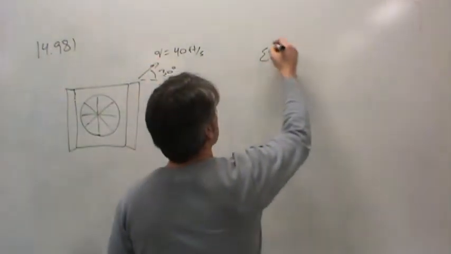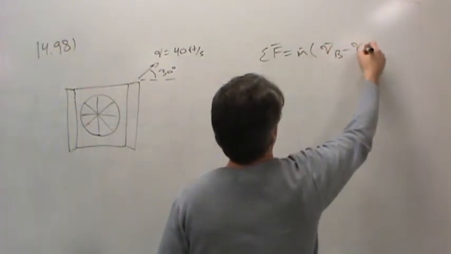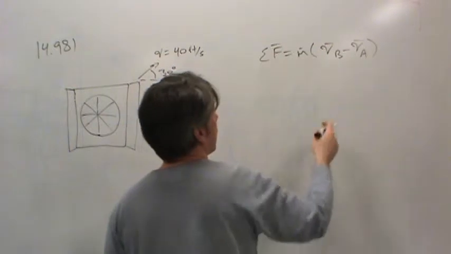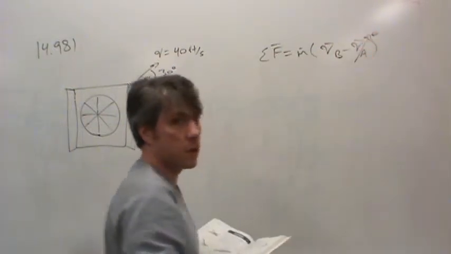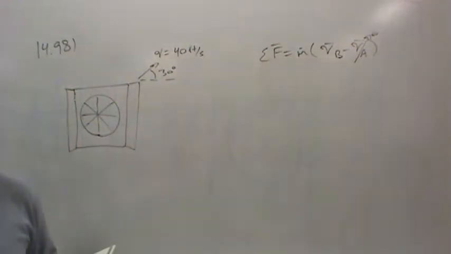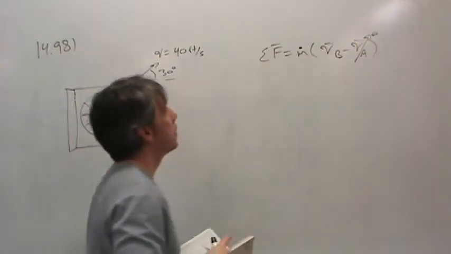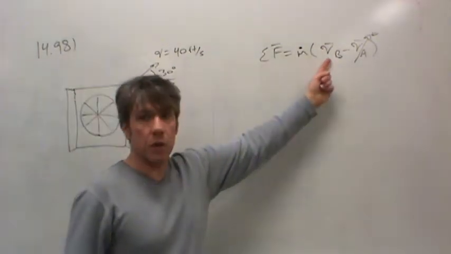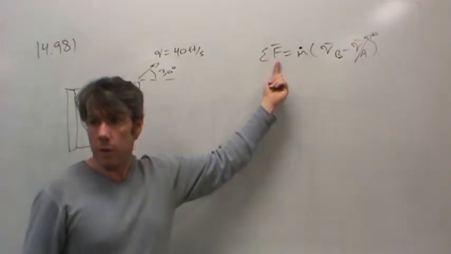Sum of forces equals mass flow times (VB less VA). I've essentially told you that with respect to ground, this is 0 because the snow is not moving with respect to ground, right? And this is a dot, not a vector.